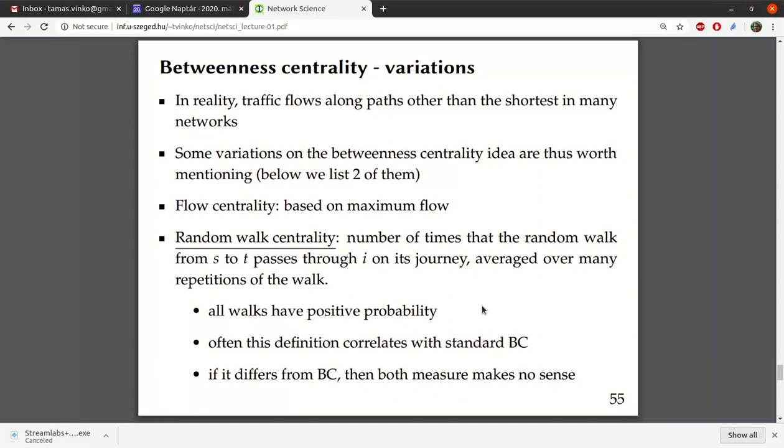Of course, many times this random walk betweenness correlates with the standard betweenness, which deals with shortest paths. We can also say that if this centrality value is different from the standard betweenness, then none of these variations are making too much sense.